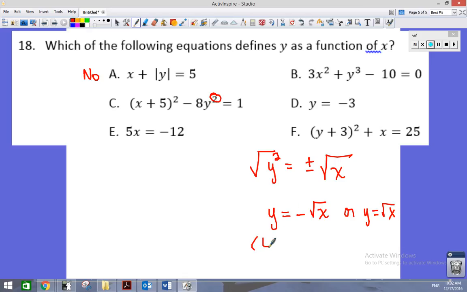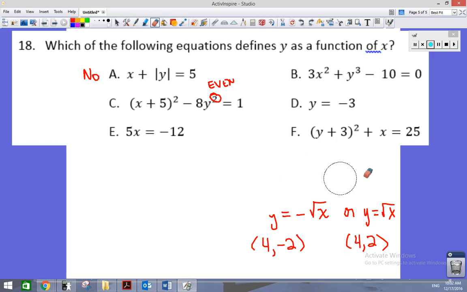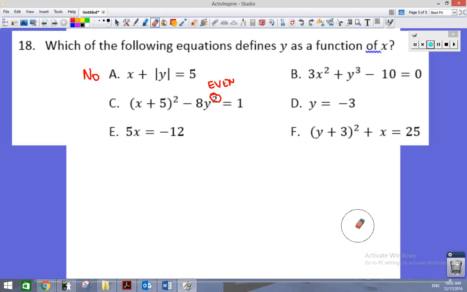If we have x equal to 4, then over here y is negative 2, but over here 4 is related to positive 2. So that fails to be a function because 4 is being related to more than one y value, and that's going to happen anytime you have an even exponent on a y variable. It's going to fail to be a function because it's going to lead to a plus or minus symbol when you go to solve for y.